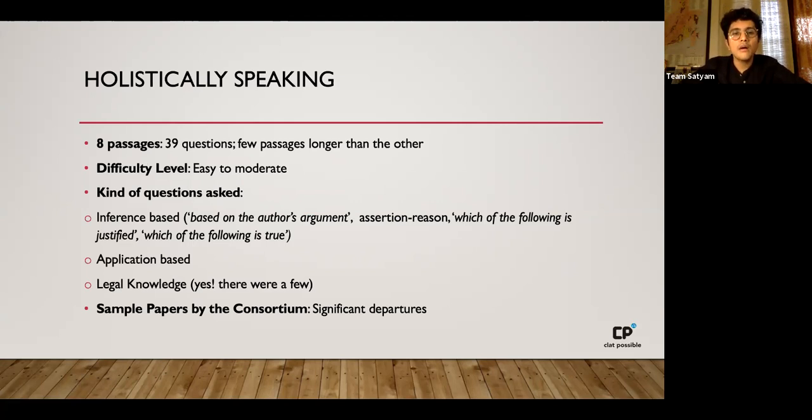When we took feedback from our students and when we did the analysis ourselves, we realized that the difficulty level of the questions ranged from being easy to moderate. There were not a lot of questions which were extremely tricky or very difficult, but some questions required an extra application of either your reasoning skills or at some points even a bit of legal knowledge.